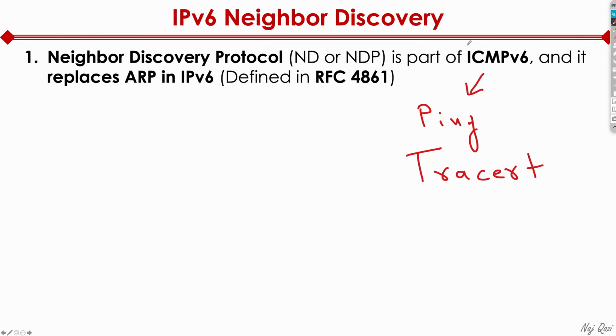In IPv6, it was rewritten as ICMP version 6 to accommodate the IPv6 header. ICMP is a suite of diagnostic tools that we can use to see whether the remote device is alive, whether we can get to it, and how many hops exist between us and the end device.